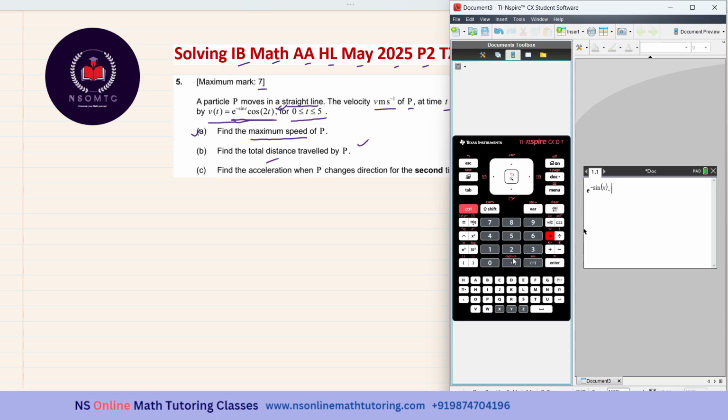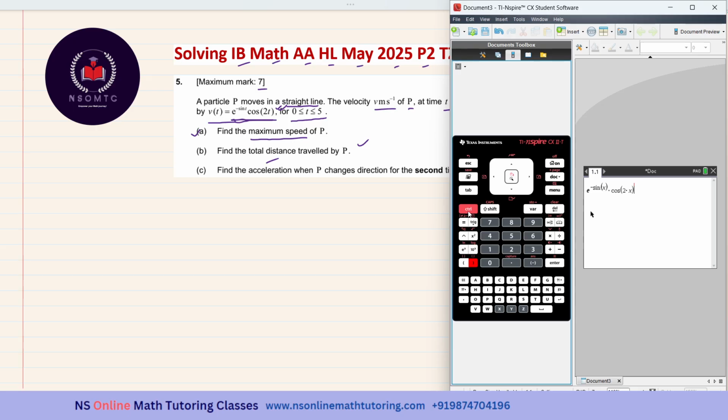I could have kept this as t and named this v of t, but I have written x in place of t and I will be naming this v of x. You can keep these as t if you want.